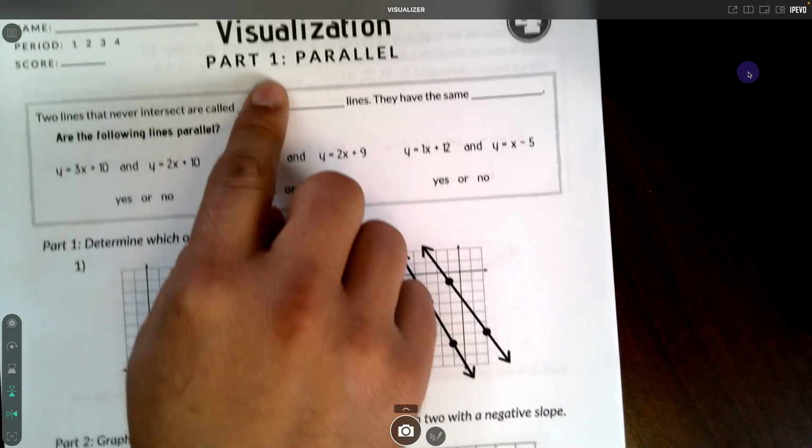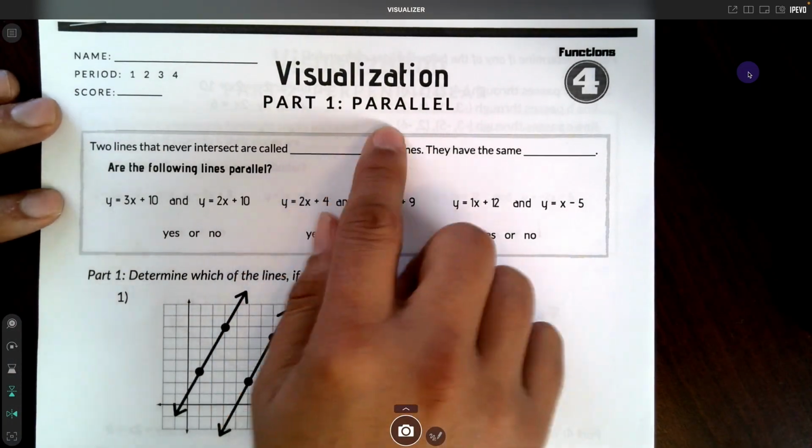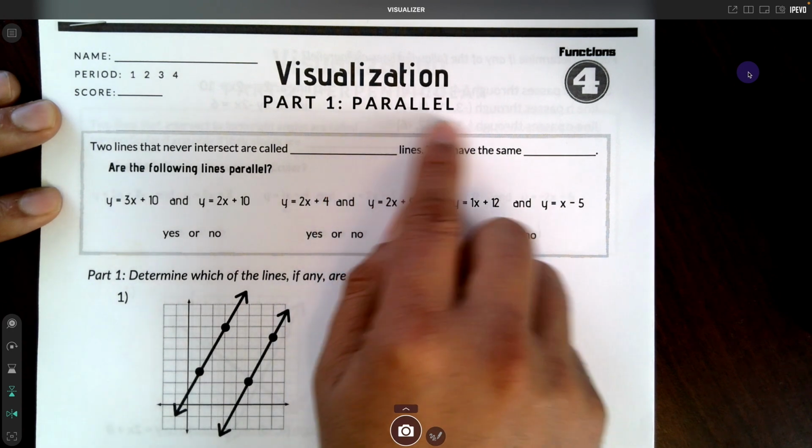One of the things that I wanna talk about is that in this chapter, we're gonna be thinking a lot about visualizing and being able to see things in our mind to help us through this packet. In the first part, we're going to be talking about parallel lines.